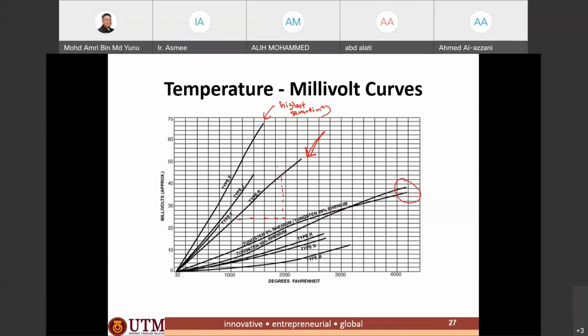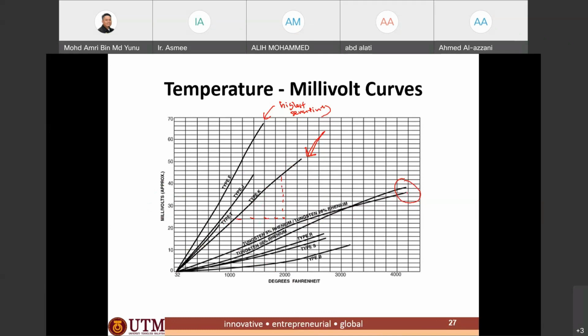Okay, as with the other thermocouples here, the response is proportional: when the temperature difference is increasing, the induced voltage is also increasing.